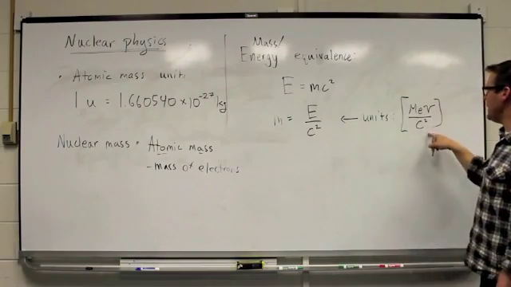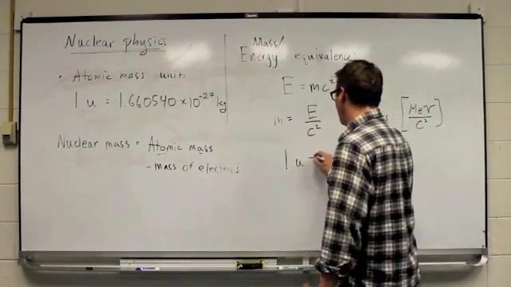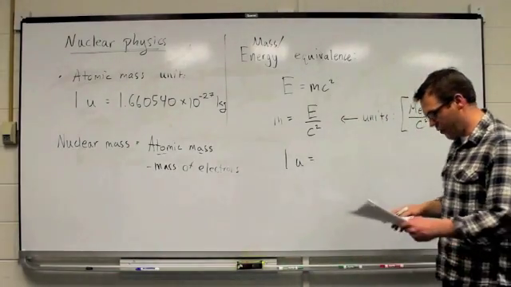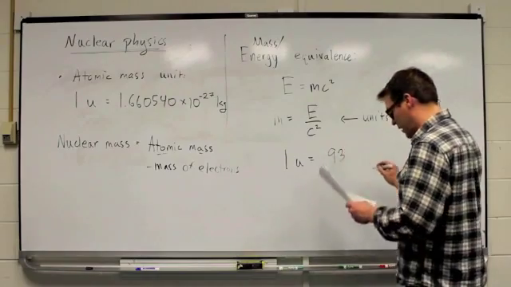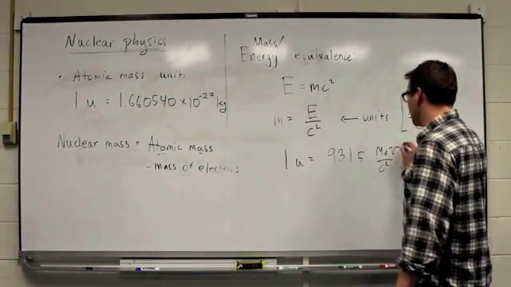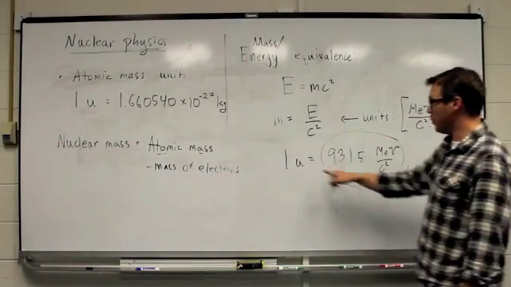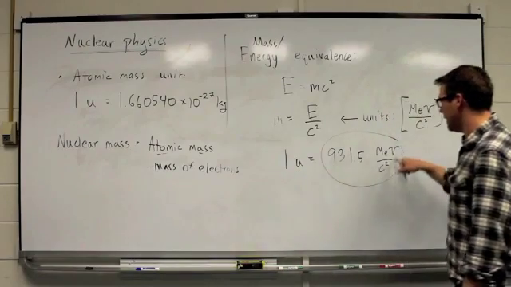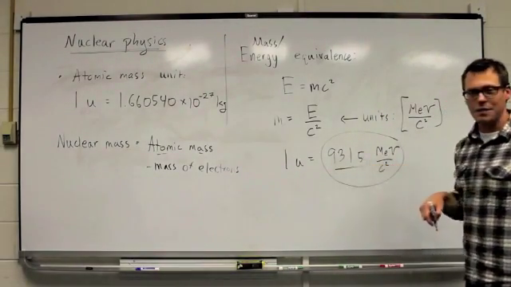So MeV divided by c squared is actually a unit for mass. And one atomic mass unit, I'll let you verify this on your own, is exactly 931.5 MeV divided by c squared. So this is a very useful number. If you want to convert something in atomic mass units to this new unit of mass, you'll use that number a lot.